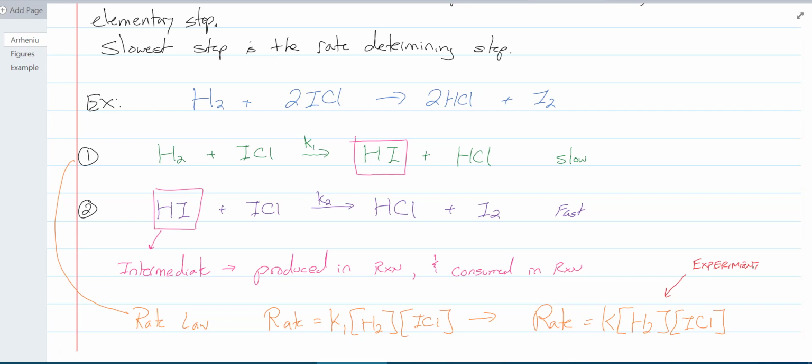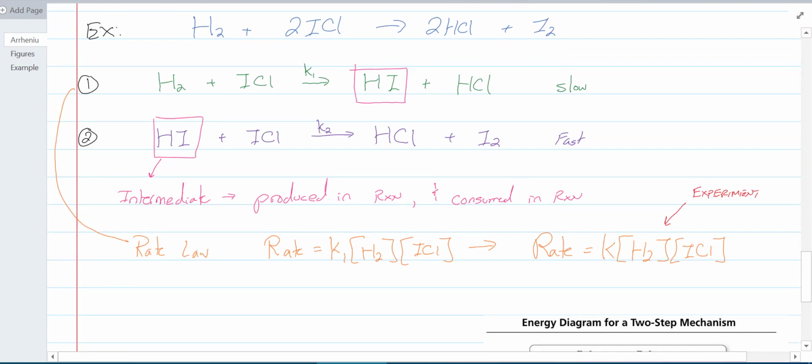If it's not consistent with the rate law, our mechanism is not valid. Right? It didn't work, can't do it. So if this rate law is not consistent with the slow step of the mechanism, we have a problem. So make sure your mechanism is consistent.